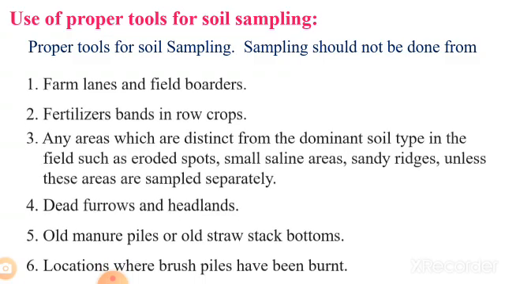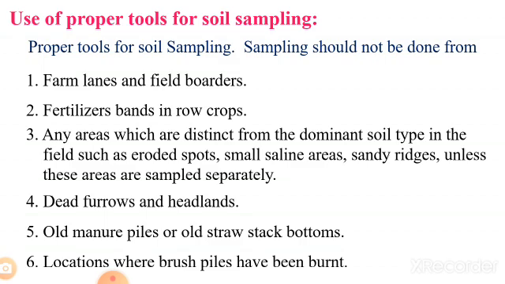Sampling should not be done from fertilizer bands in row crops, farm lanes and field borders, or any areas which are distinct from the dominant soil type in the field, such as eroded spots, small saline areas, sandy ridges, unless these areas are sampled separately.